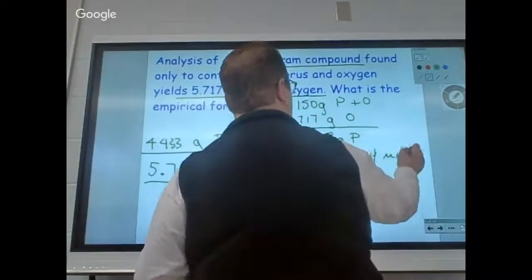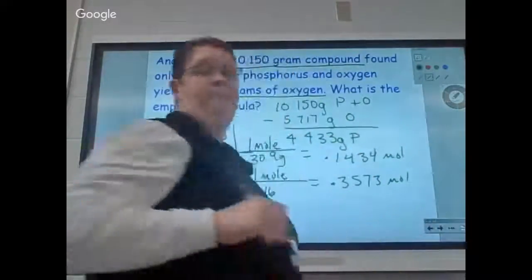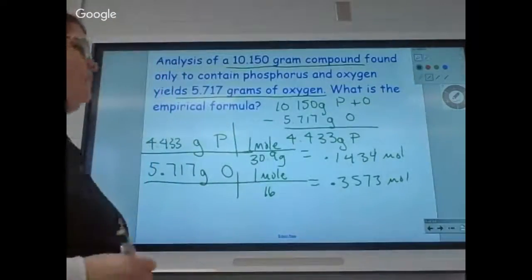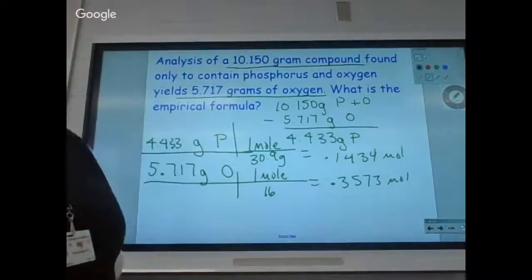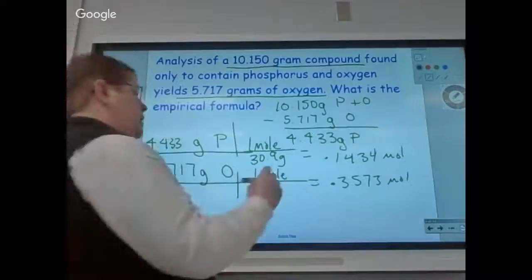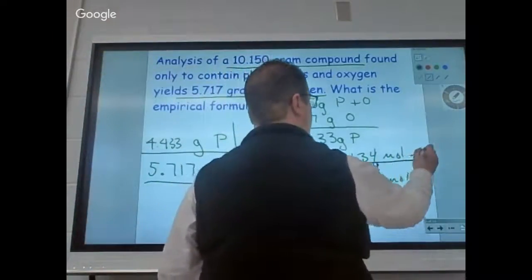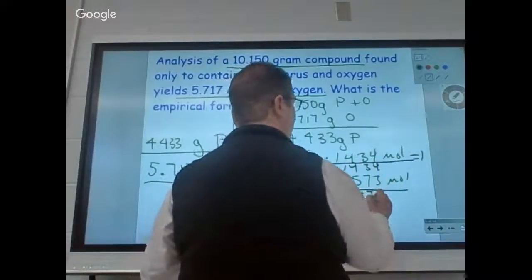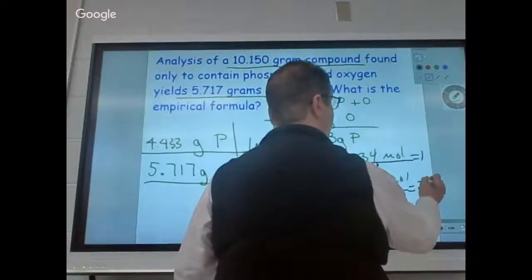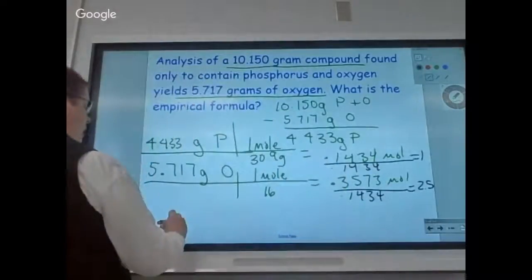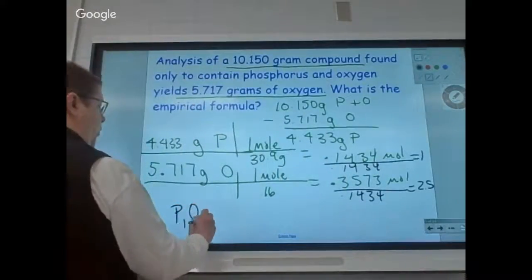All right, did everybody get those numbers of moles? Yes. All right, so from that point, which number of moles is smaller? So divide by 0.1434 and you get a 1, by 0.1434 and you get 2.5. So when you write your formula, you have P1, O2.5.